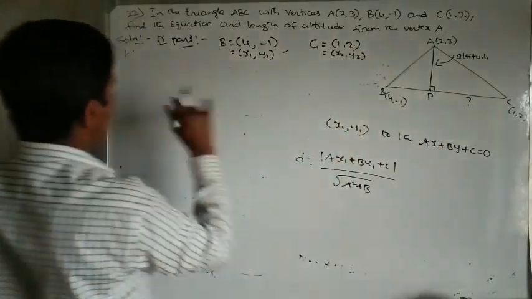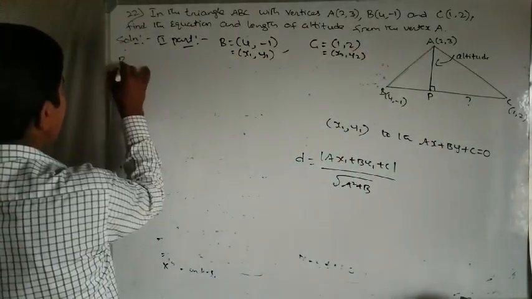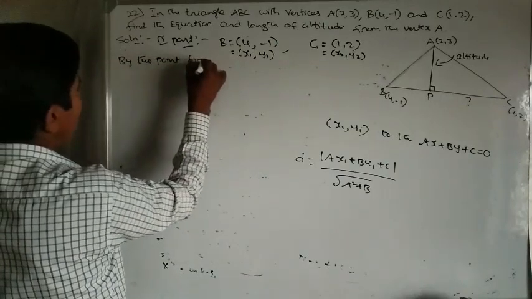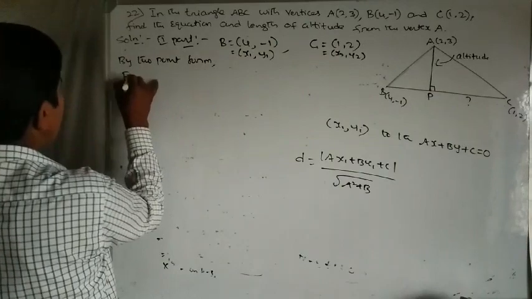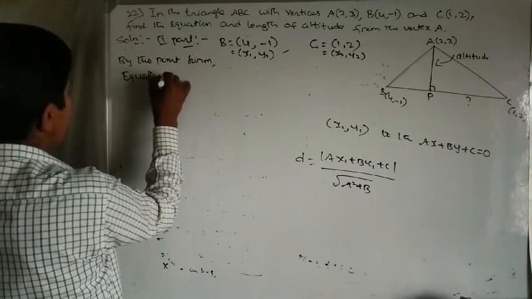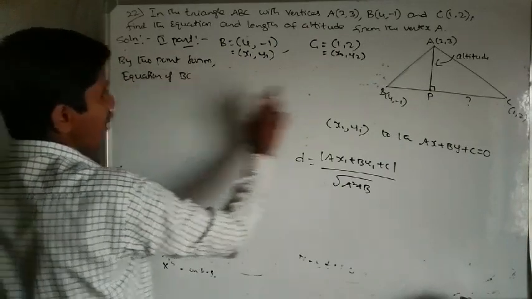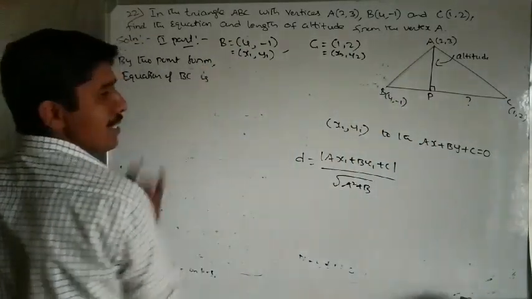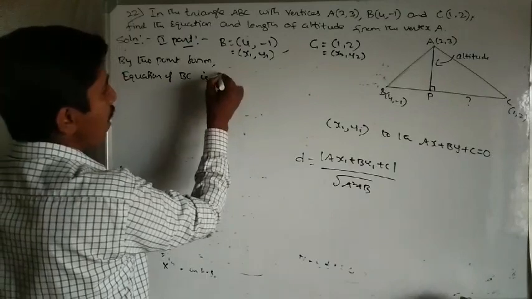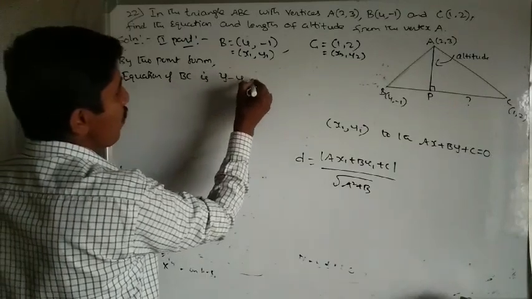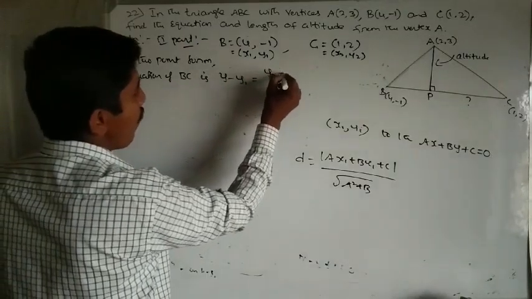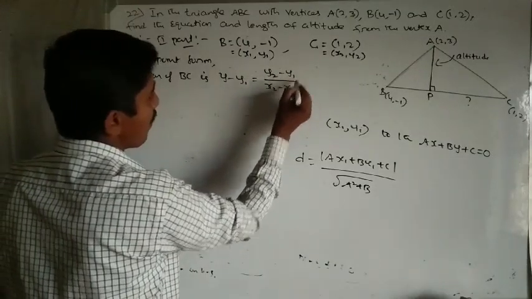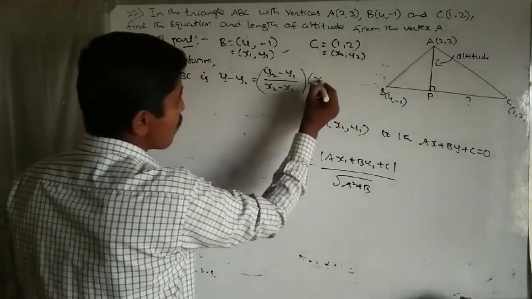Equation of BC by the two-point form. The equation of the line passing through B and C points is given by the formula: y minus y1 equals (y2 minus y1) divided by (x2 minus x1) into (x minus x1).